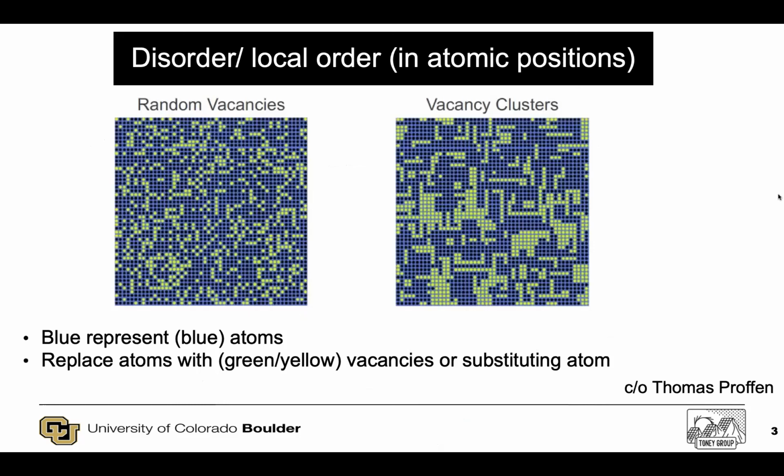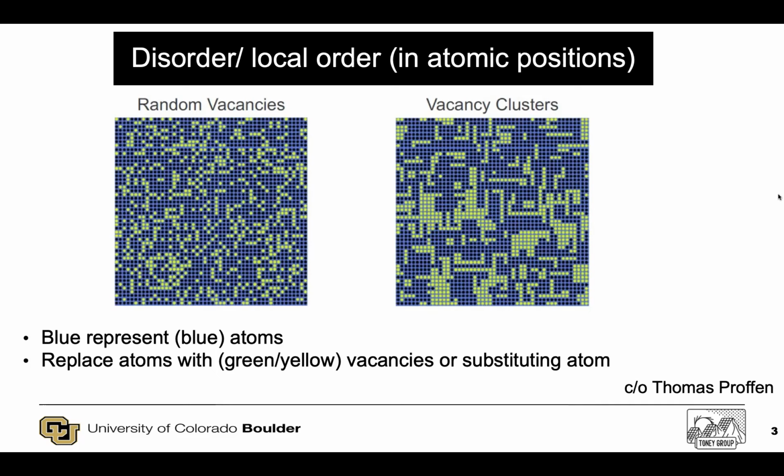So what I want to do now is talk a little bit about what I mean by local structure and how we go about measuring it. I'm going to do this with a simple example. On the left side is a fictitious lattice. You can imagine that the blue represents atoms, and I replaced about 20% of the blue atoms by vacancies in a completely random fashion.